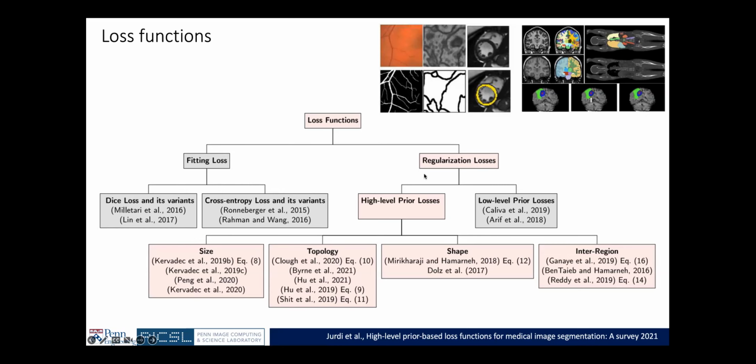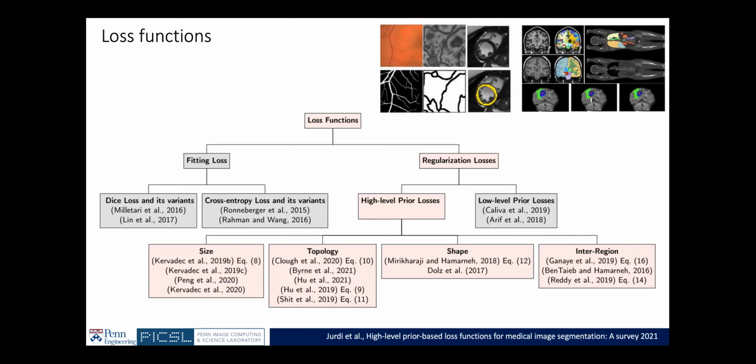And anything that helps in regularization can be categorized in this section, where not only do you take the volumes in terms of dice and cross entropy, but now you have implicit and explicit priors based on the size, topology, shape, and geometry of the output segmentation of the structure you are interested in.